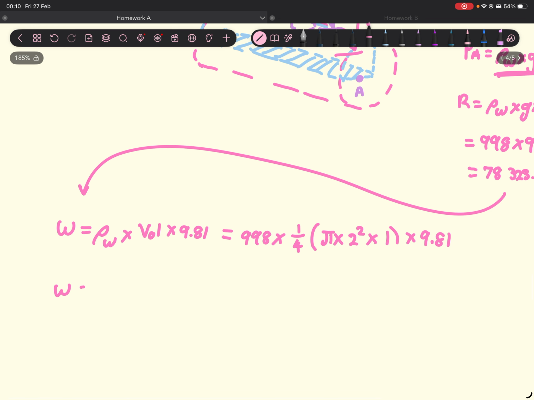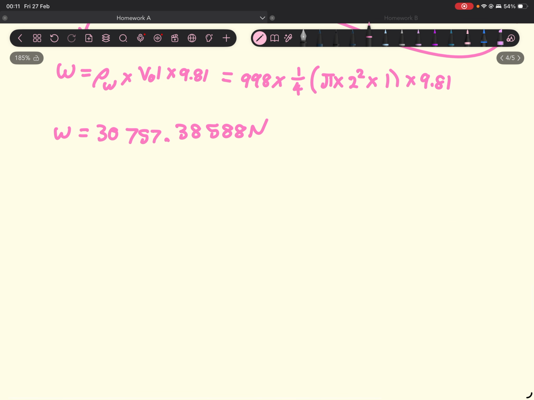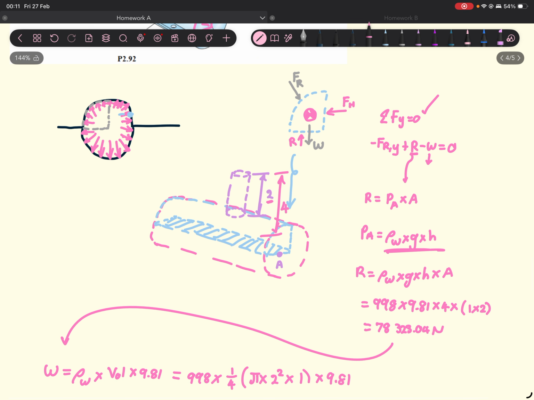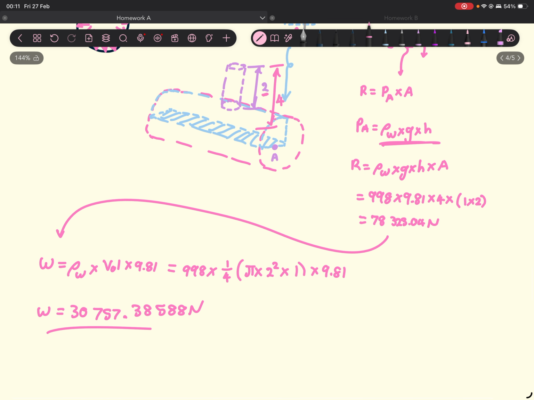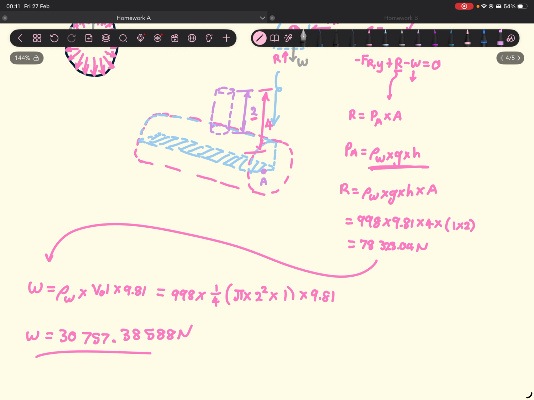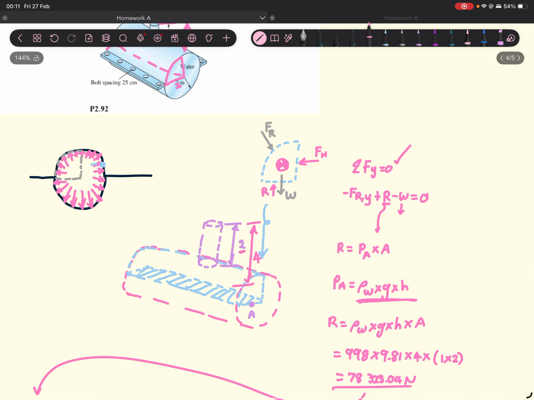And then you'll get that your weight is equal to 30,757.38588 newtons. Cool. So that's your weight. And then knowing your weight and knowing R, you can find FRY.